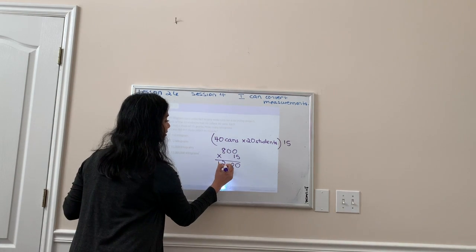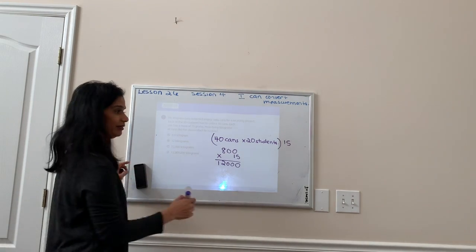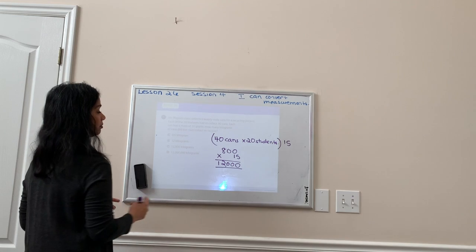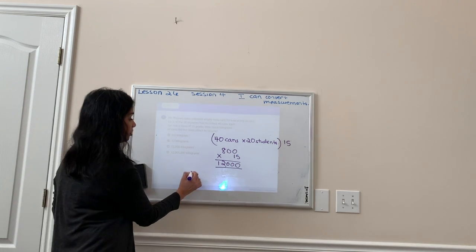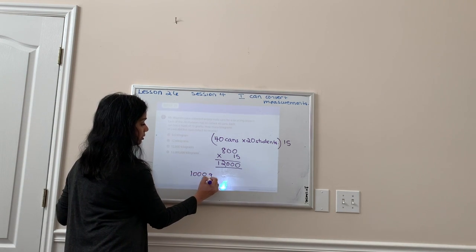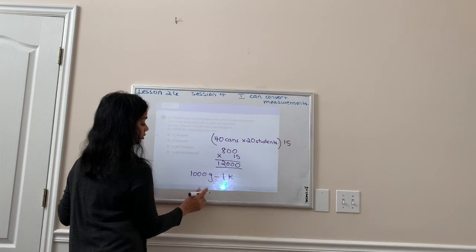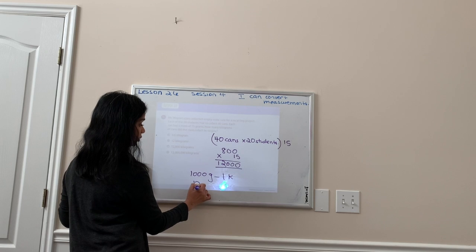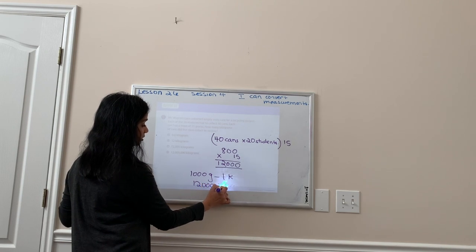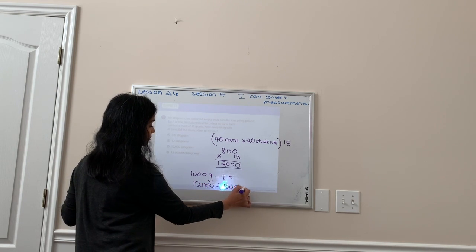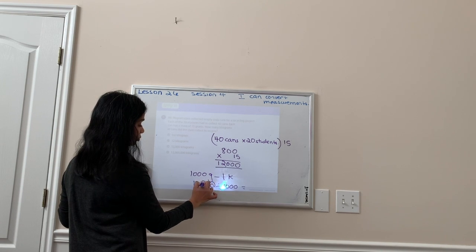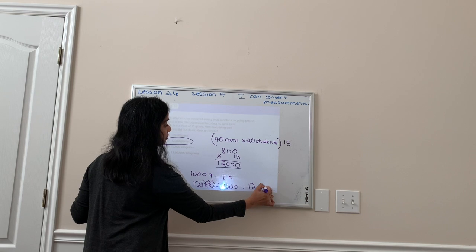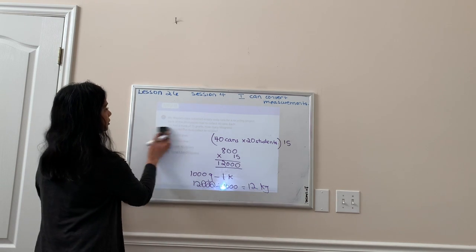Yeah. See, that's my son helping me. Okay, so we get 12,000. But we know that there are 1,000 grams in 1 kilogram. So we're gonna go from small to big, so we divide. So you're gonna go 12,000 divided by 1,000, 1, 2, 3. So we get 12 kilograms. All right, let's do the next one.